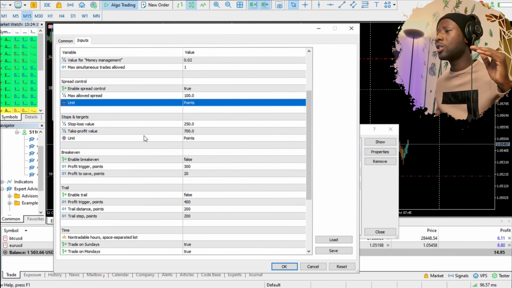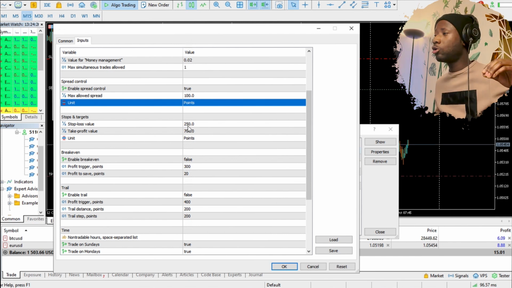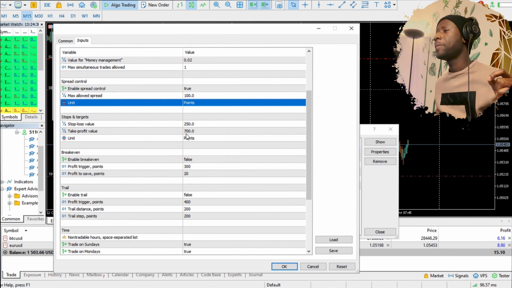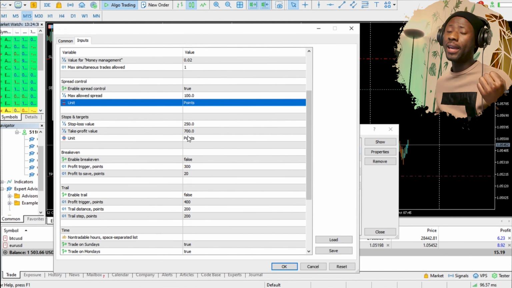Your stop loss and your take profit, okay? Here I have my robot at 225 points, which is 25 pips. And this one is my stop loss, and my take profit is 700 points, making it 70 pips, all right?